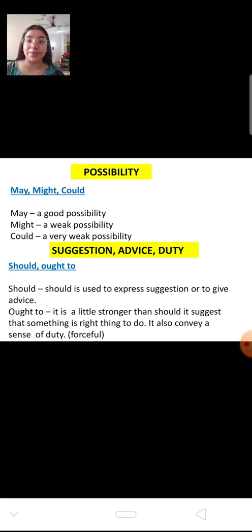When we suggest, when we advise, or when there is duty, then two words are used, that is should and ought to. Should is used to express suggestion or to give advice. Whenever you are giving a suggestion or advice to someone, then should is used. You should do this.